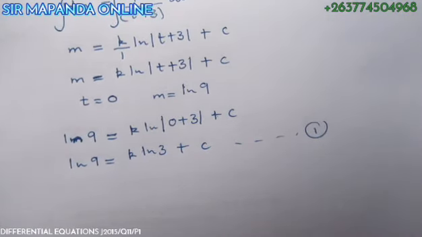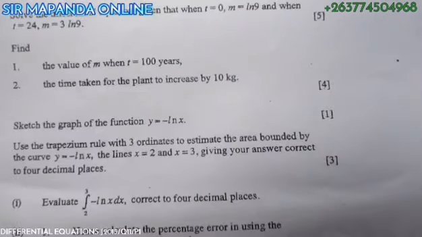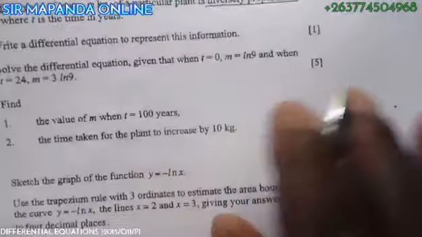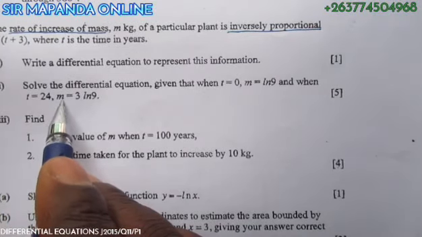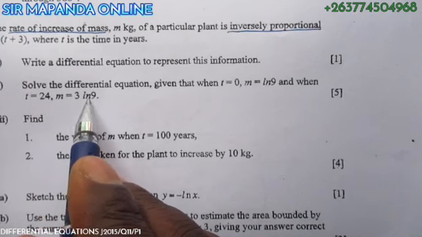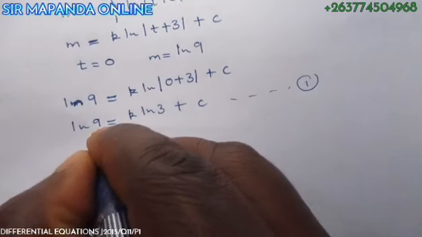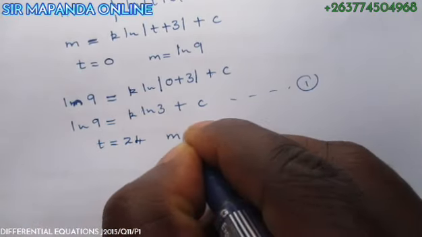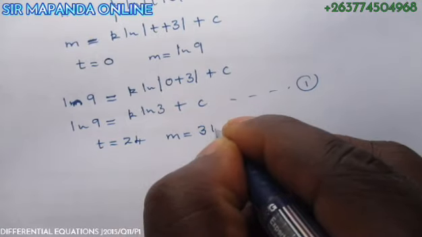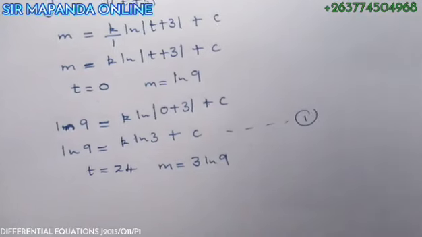Then another condition provided is when t is equal to 24, m is equal to 3 ln 9. I hope you are following, class.